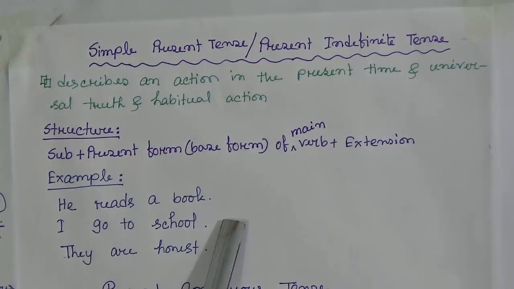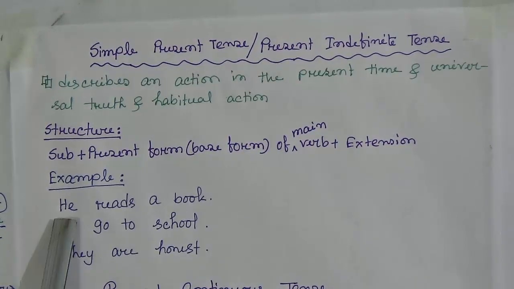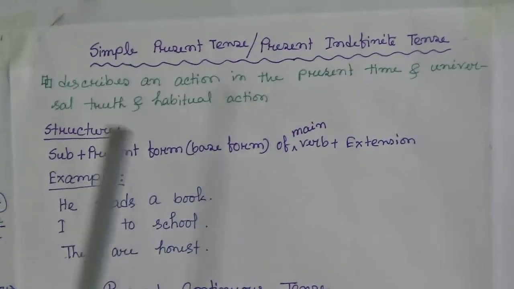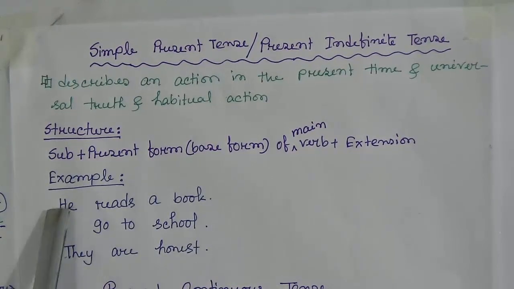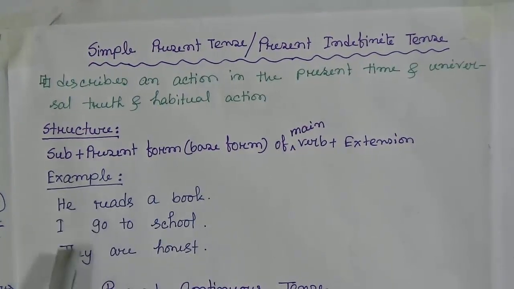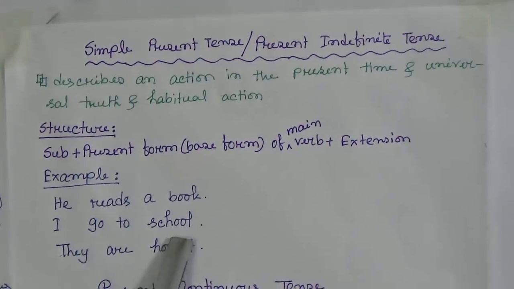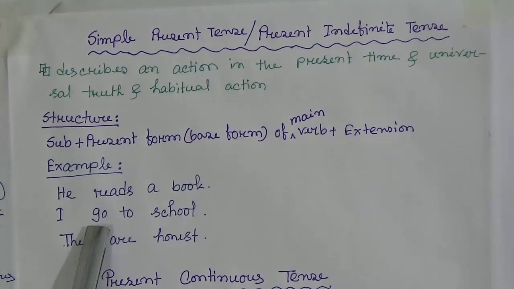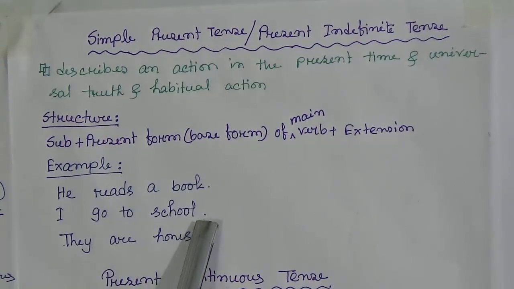He reads a book. This is extension. So here subject plus present form of main verb plus extension. Similarly, I go to school. Here I is subject, go is the present form of the main verb, and to school is extension.